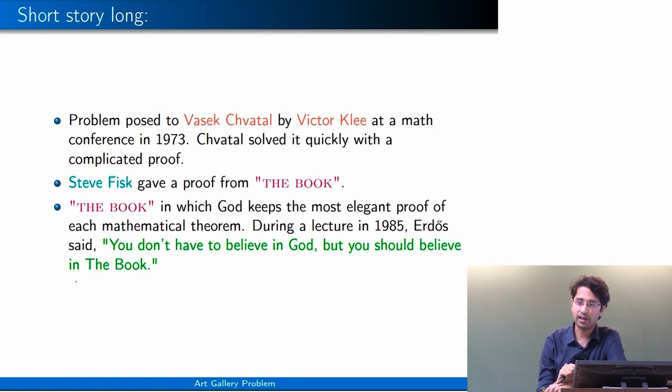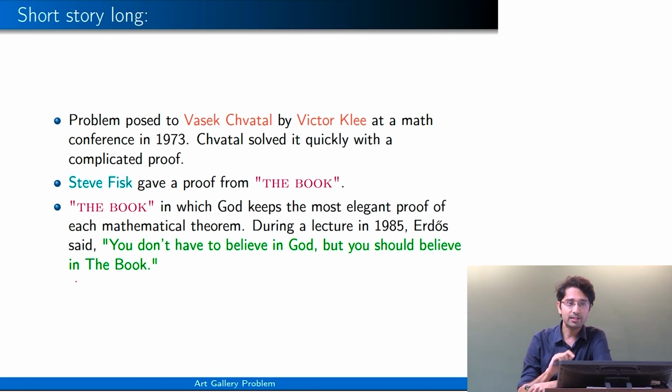He used to say that there is a book in which God keeps all the beautiful proofs, and sometimes he gives us mortals a chance to have a look at those beautiful proofs. This proof is widely believed to be one of the proofs from the book. So it is so beautiful in some sense.